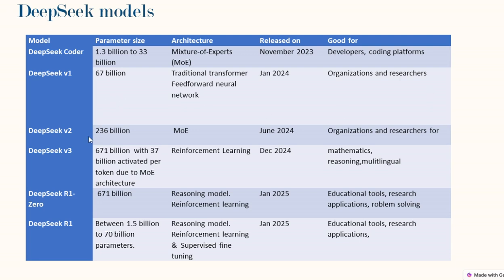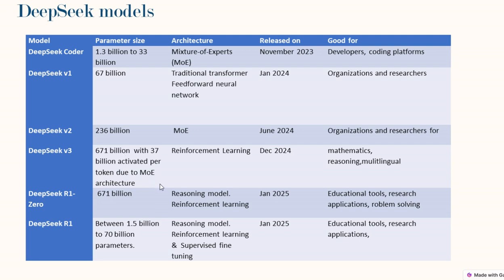Next came DeepSeek version 2, which was trained on a parameter size of 236 billion, and it is based on MOE, that is a mixture of experts model. We'll see what MOE is later. This was released in June 2024 and is also good for organizations and researchers.